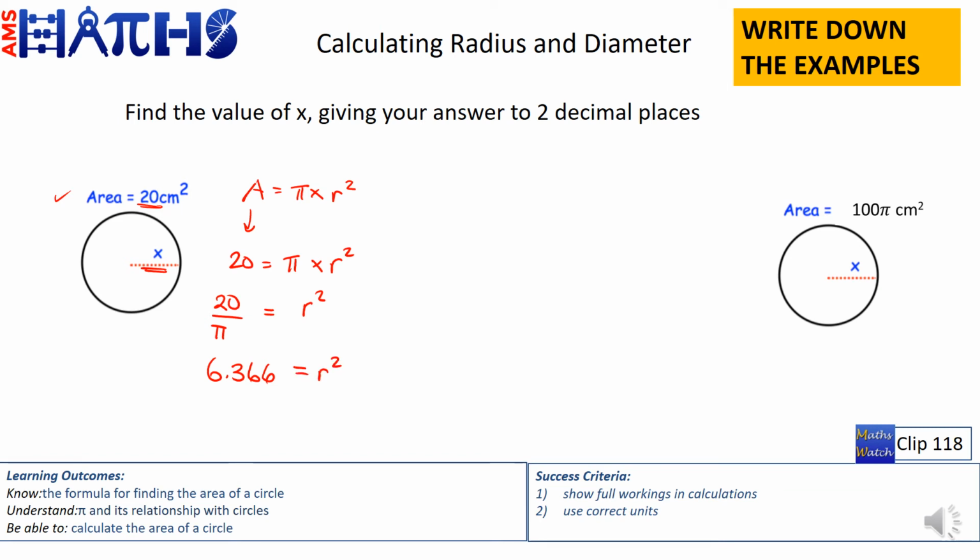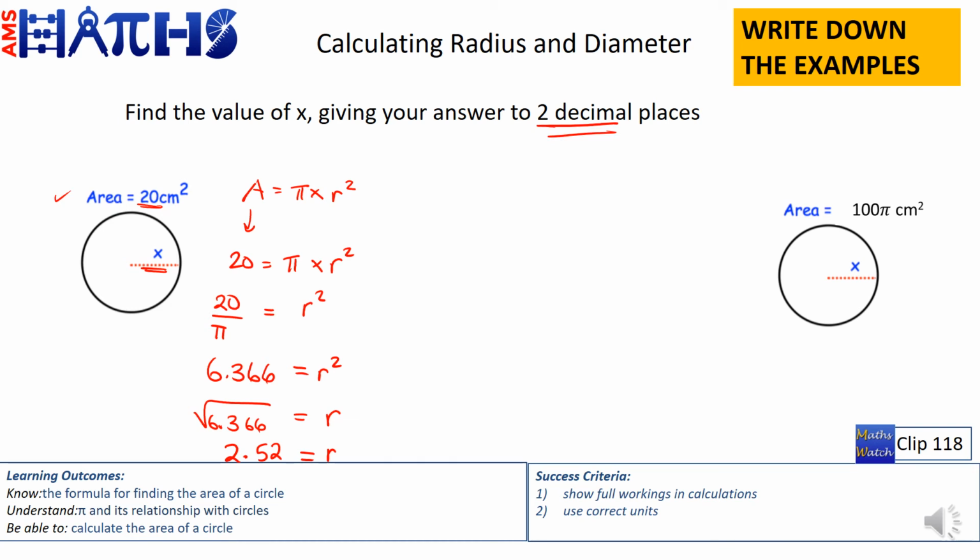Now to find our radius, we'll have to find the square root of 6.366, and that gives us 2.52 for the radius, because we wanted the answer to 2 decimal places.